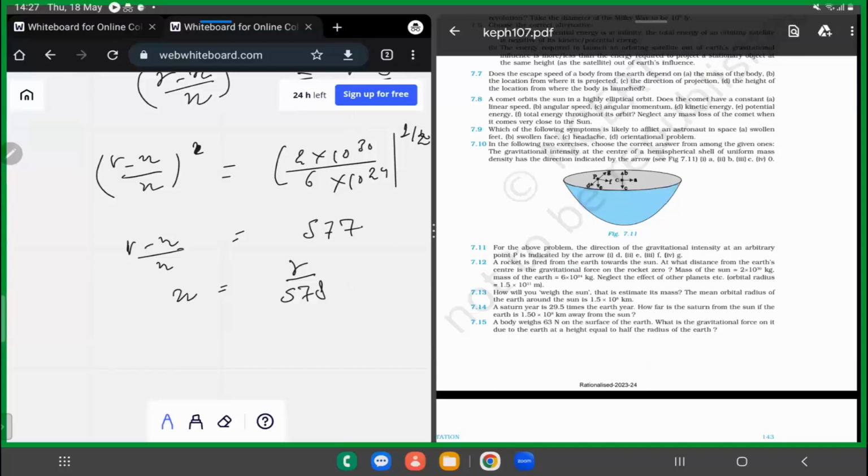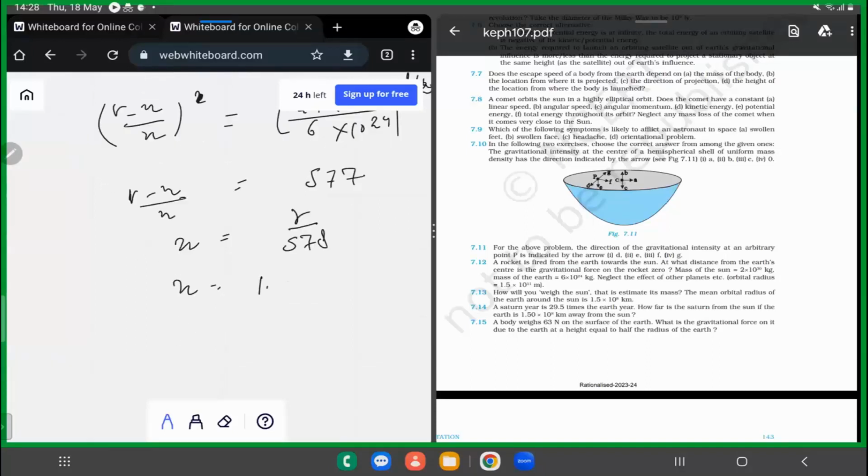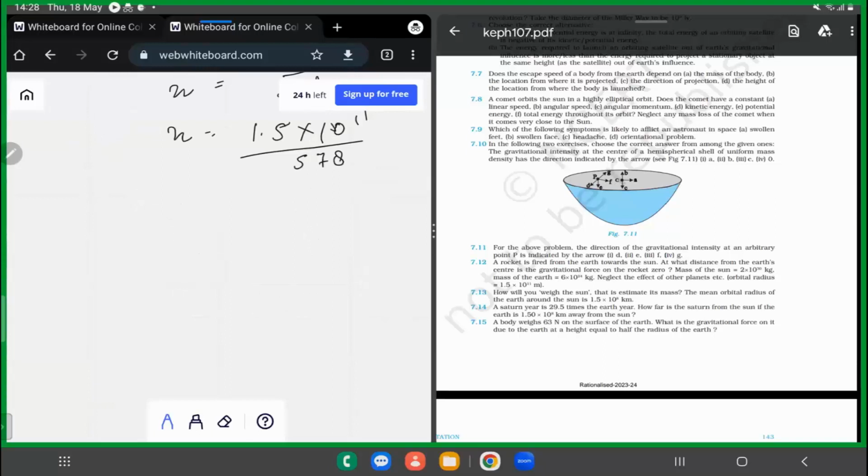If we put the value, x equals 1.5 into 10 to the power 11 by 578. So this comes x equal to 2.59 into 10 to the power 8 meter.